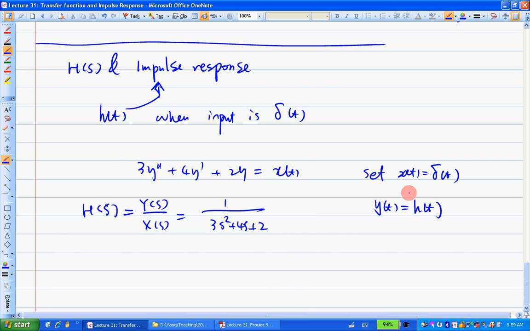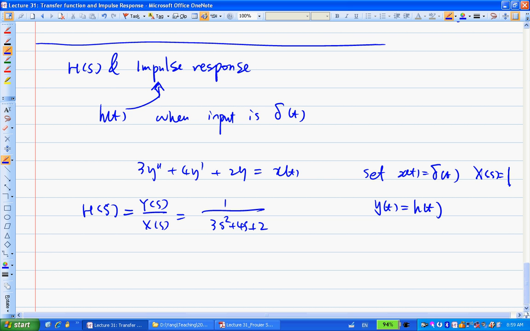Now let's relate this idea to the specific transfer function that we just derived. When you set x(t) to delta(t), what is the Laplace transform of x(t), which is X(s)? It's 1.